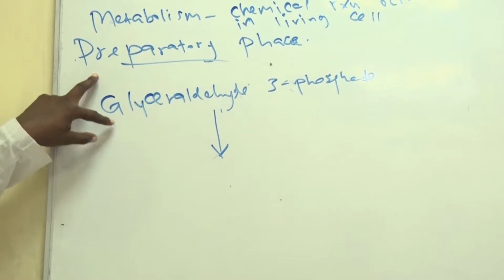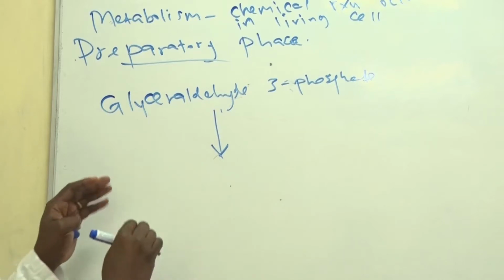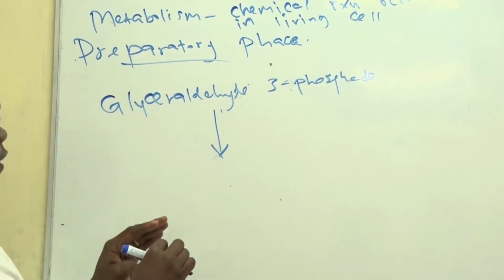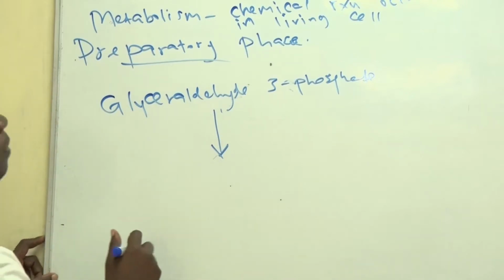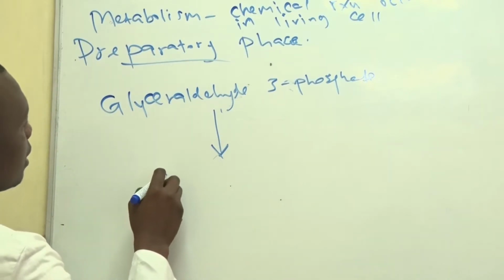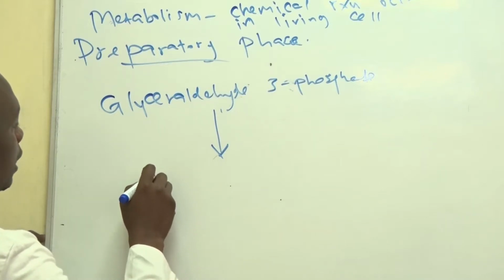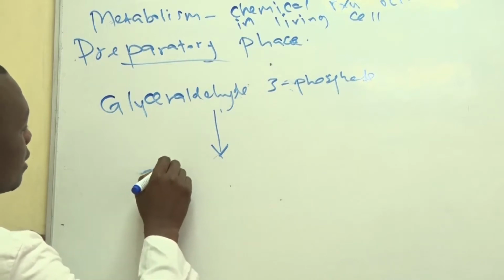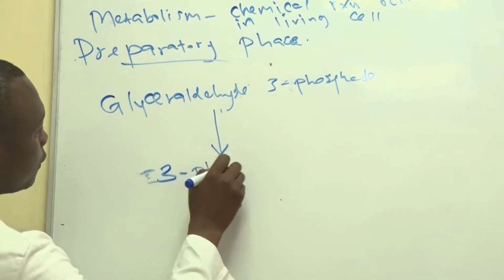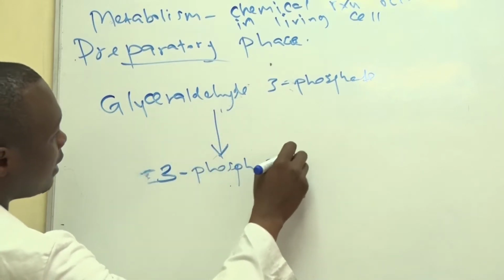What we are going to do is change the position of the phosphate in this glyceraldehyde, so we are going to form a compound called 3-phosphoglycerate. We're just going to change the position of the phosphate.